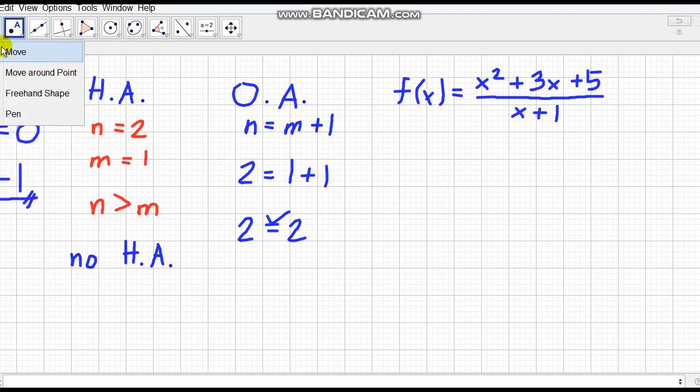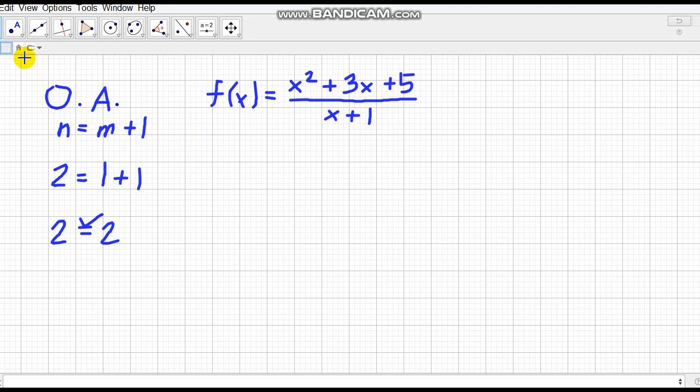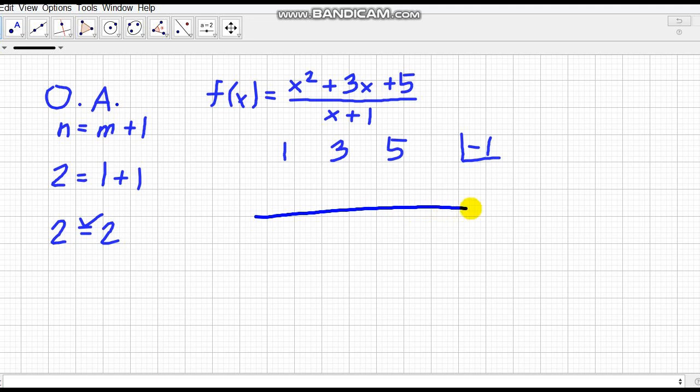We're going to divide using synthetic division. So the coefficient of x squared is 1, coefficient of x is 3, coefficient of the constant is 5. Then for x plus 1, we're going to have here negative 1. Please review about synthetic division.